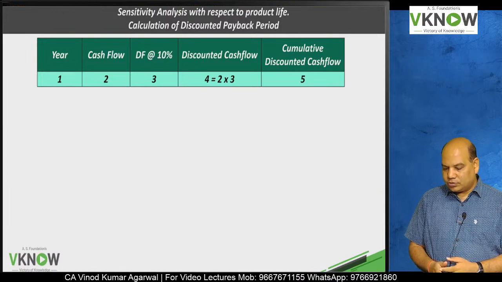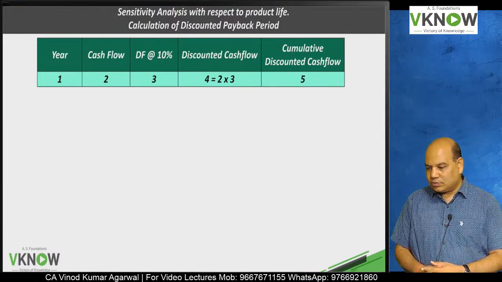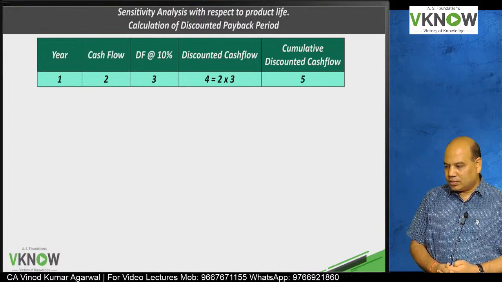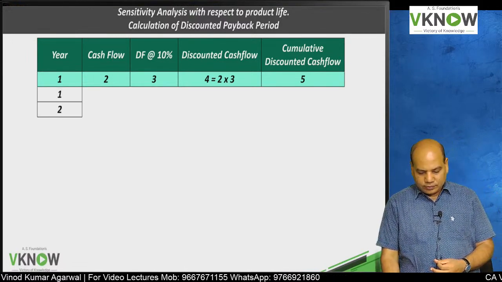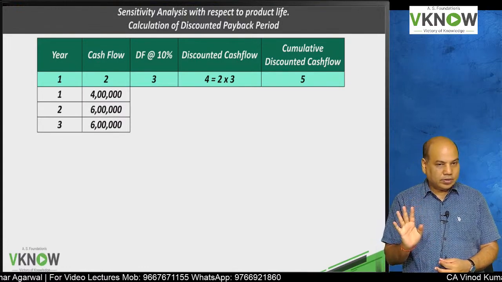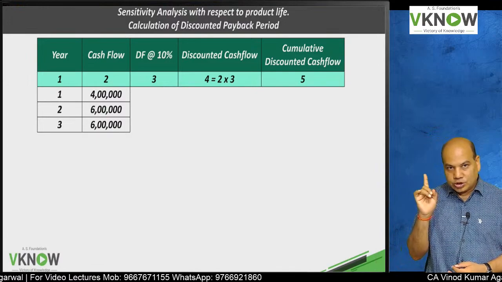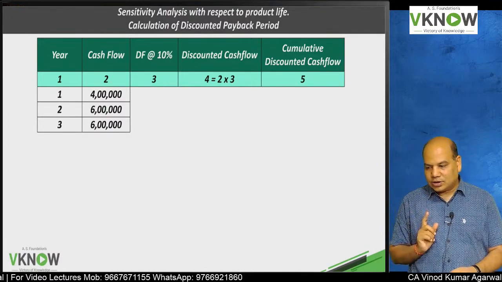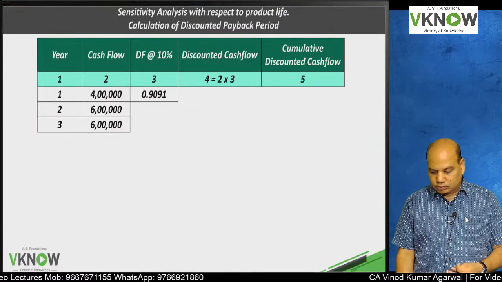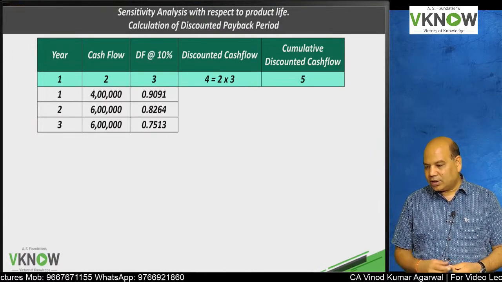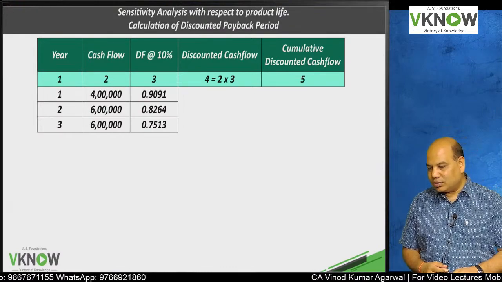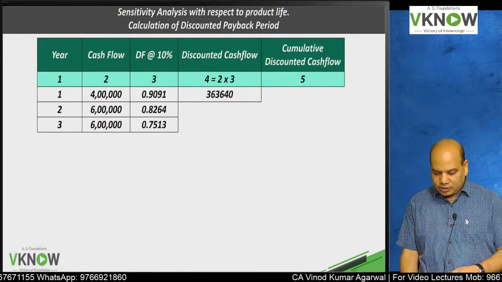Then we have 5 columns, 1, 2, 3. These are column numbers. 4 is 2 into 3. Okay, and you will solve year 1, 2, 3 only. 3 years are there. Cash flows, original question 4 lakh, 6 lakh, 6 lakh. In the original question, discounting factor at 10% already calculated 0.9091, 0.8264, 0.7513.